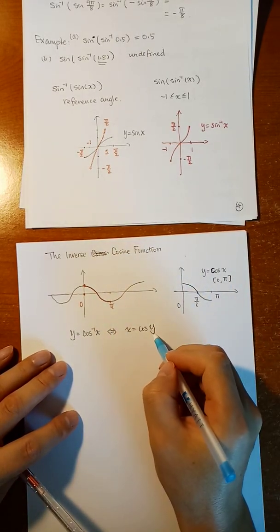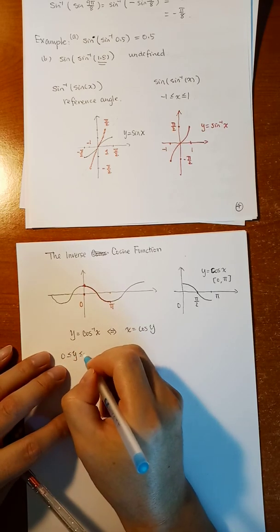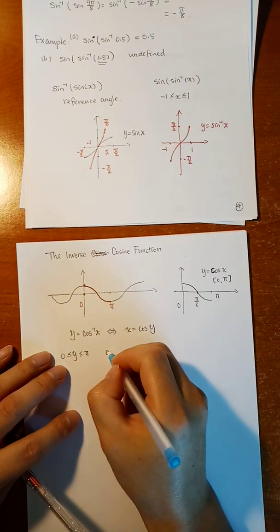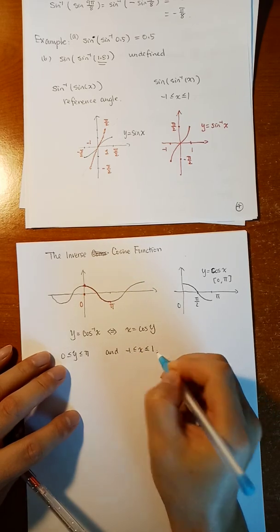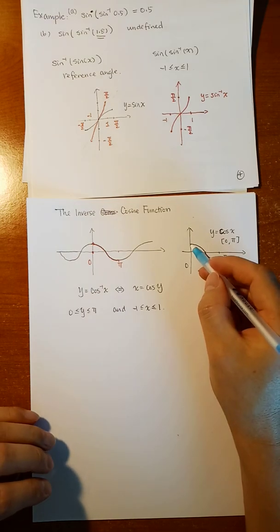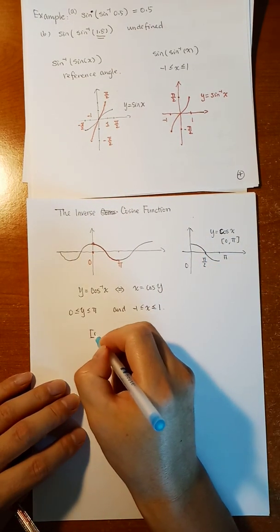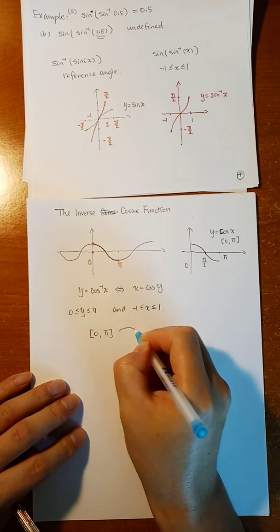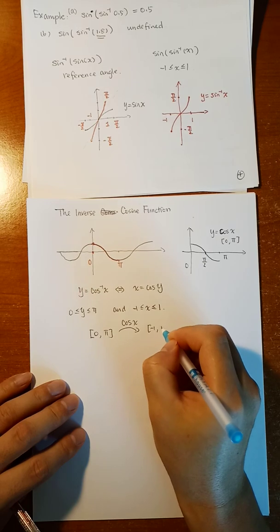Okay, so here you see y is between 0 and pi, x between -1 and +1. Cosine 0 is +1, cosine pi is -1. So again, from 0 to pi, if you apply the cosine function, it's from -1 to +1.